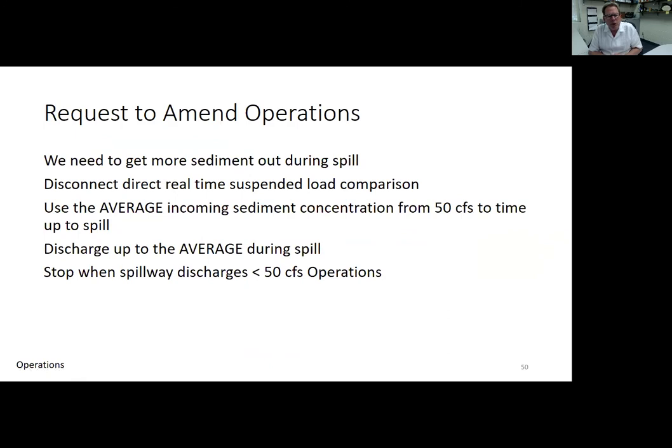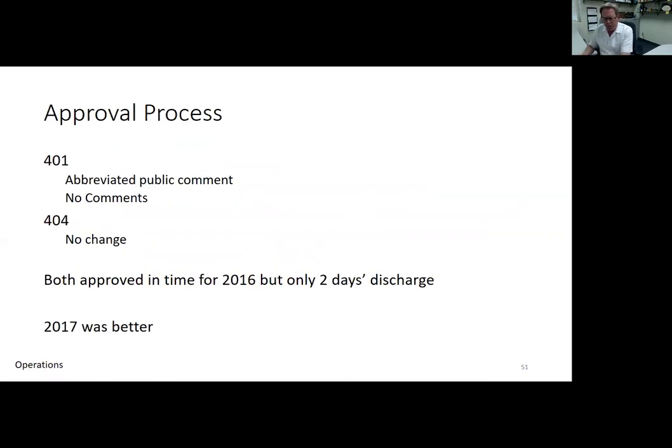So our operation was amended to use the average incoming sediment concentration. What that means is that our outflow could be higher, have a higher effluent. The approval process went very quickly, rather smoothly. We were ready for the next year, but there was very little discharge.